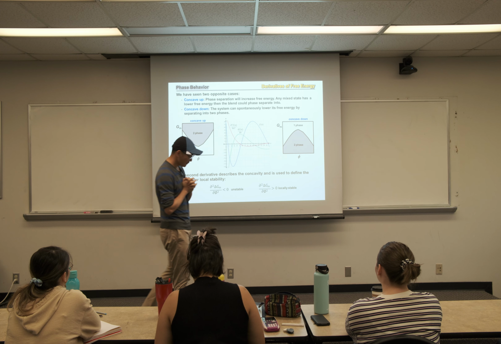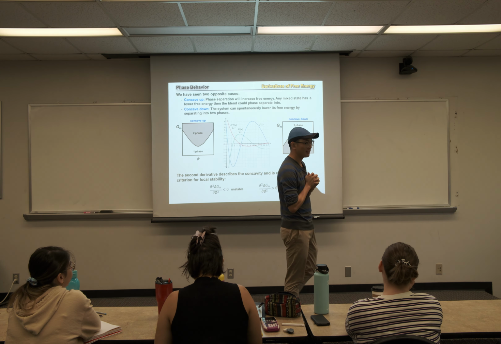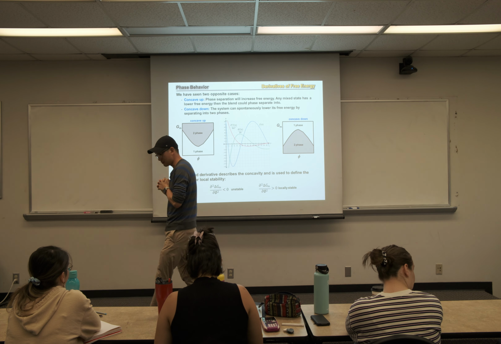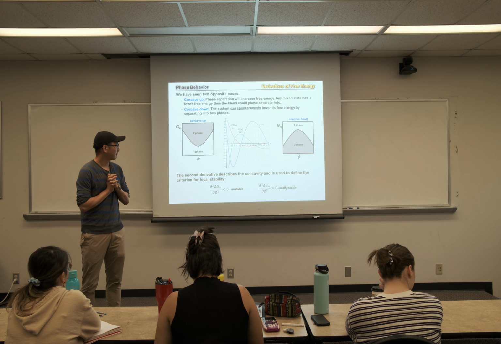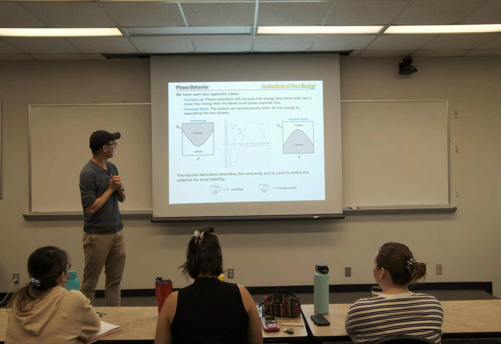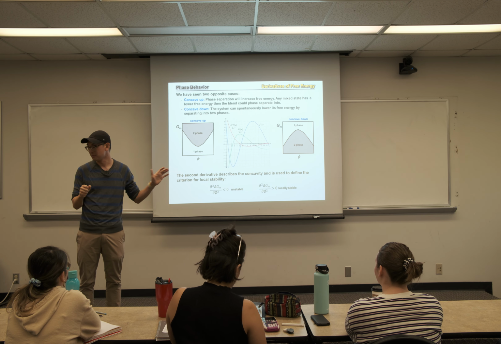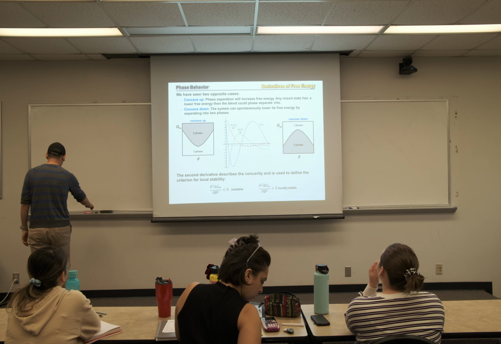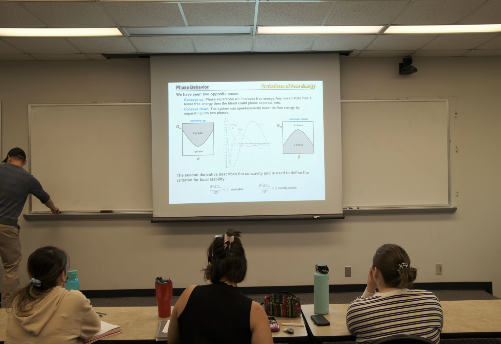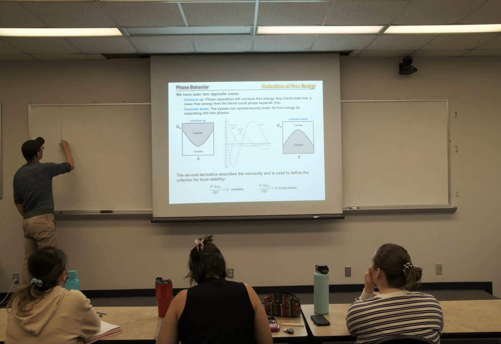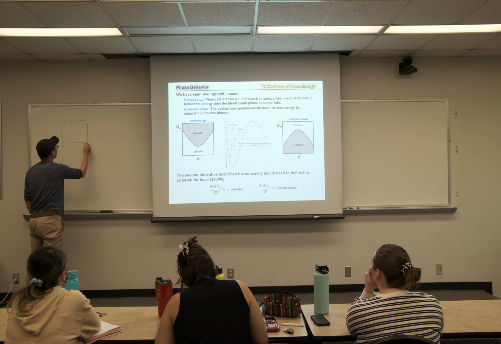So what we're going to do today, different from the last lecture, is talk a little bit about how we can now link the phase diagram with the free energy diagram. Those are two types of diagrams. Let me get a black pen. Everybody recall that in the last lecture we talked about two types of diagram.